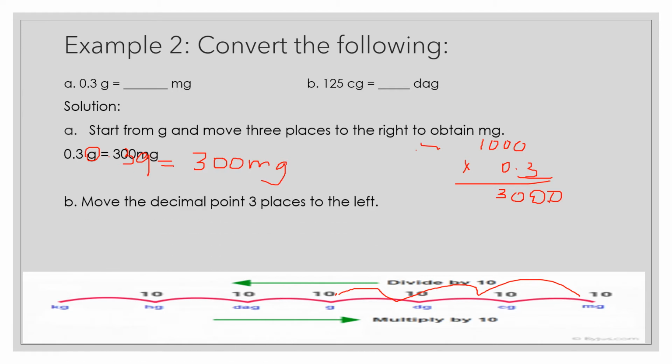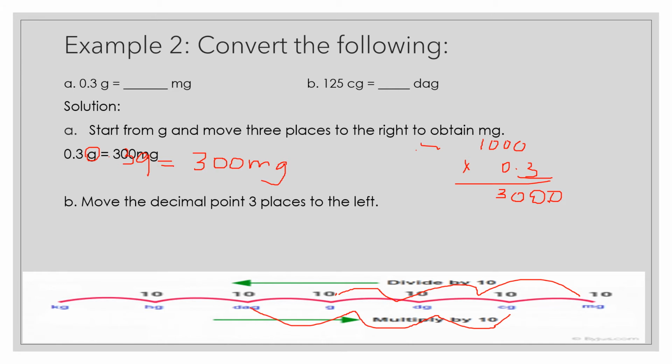Next, letter B, we have 125 centigrams to decigrams. So move the decimal point 3 places to the left. Let us start from centigram here. 1, 2, 3. So we move 3 times.